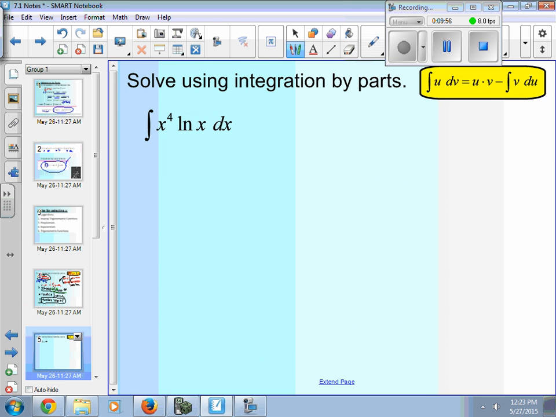All right, let's try another one. On this one, they want us to integrate x to the fourth ln x dx. So again, start by trying to figure out what two types of functions you have. This is a polynomial. This is a log function.